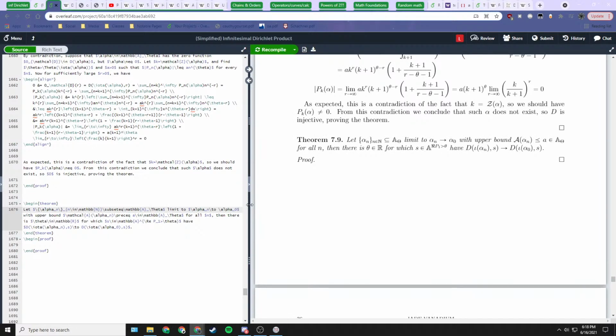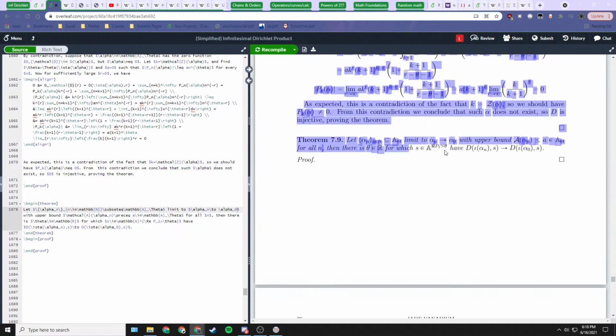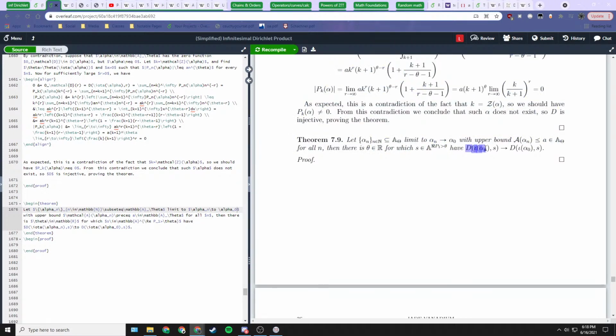And they also have all of these have this upper bound a in A theta for every n. Then there's some right half domain over which these series, the Dirichlet series, converge pointwise. So the proof should be straightforward. We essentially just say this follows from dominated convergence.